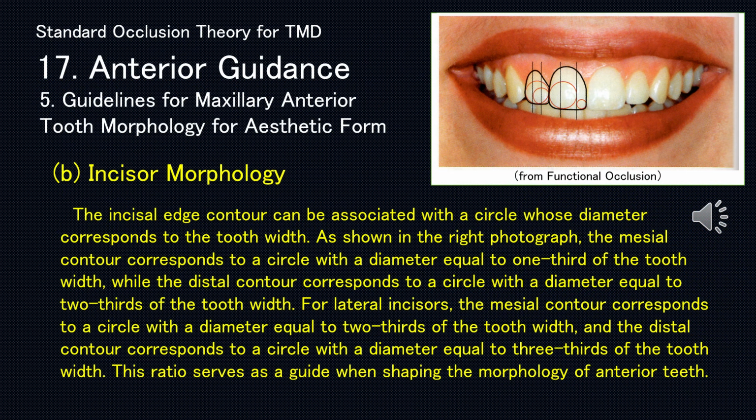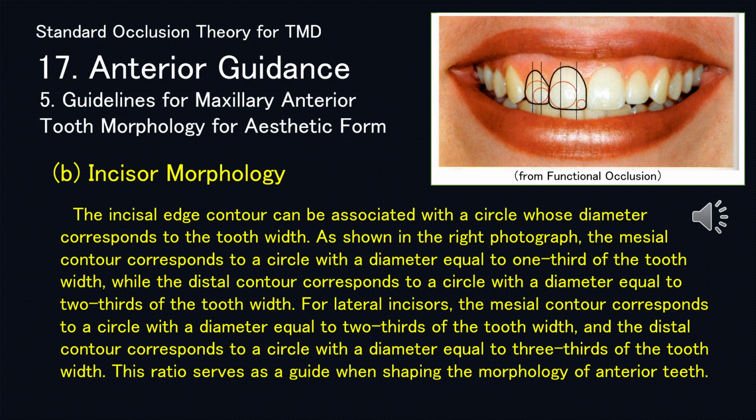B. Incisor morphology. The incisal edge contour can be associated with a circle whose diameter corresponds to the tooth width. As shown in the right photograph, the mesial contour corresponds to a circle with a diameter equal to 1/3 of the tooth width, while the distal contour corresponds to a circle with a diameter equal to 2/3 of the tooth width.